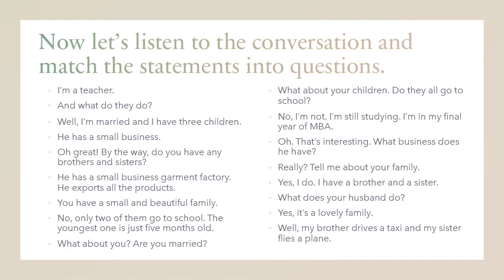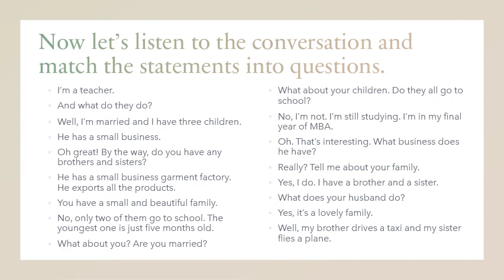What do you do, Sarita? I'm a teacher. Really? Tell me about your family. Well, I'm married and have 3 children. What does your husband do? He has a small business. Oh, that's interesting. What business does he have? He has a small garment factory. He exports all the products. What about your children? Do they all go to school? No, only 2 of them go to school. The youngest one is just 5 months old.